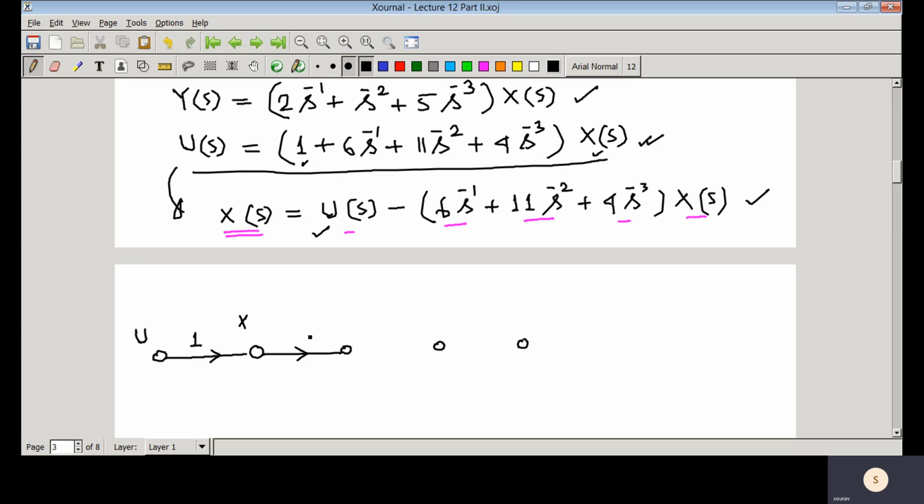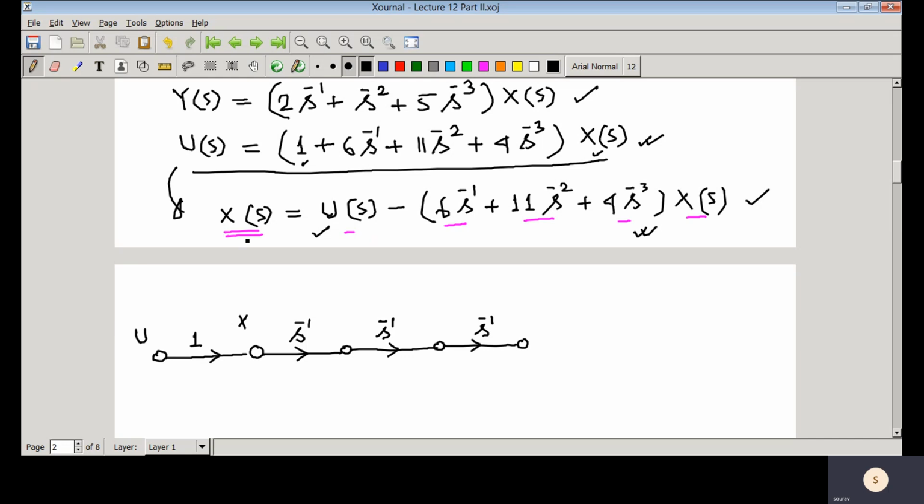If we multiply with s to the power minus 1, that means one integrator, and there is another integrator. So just what I am trying to do, I am just trying to realize this one in state diagram, that is signal flow graph.